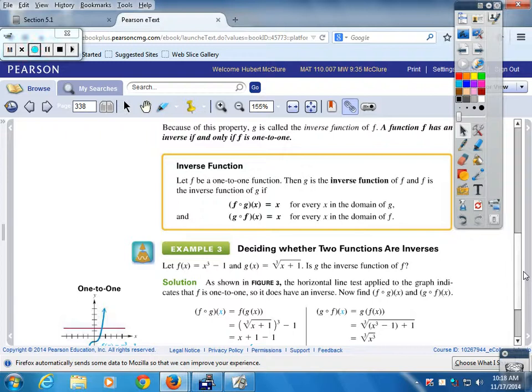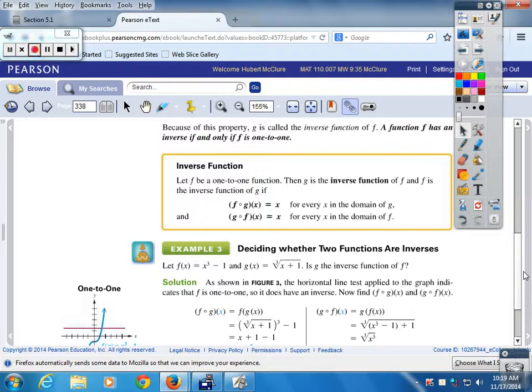If you want to check it algebraically, do f composed of g and g composed of f, and then if you get x for both, you've got a one-to-one function. And that's what that means right here. You need to write that down. To check algebraically if there's an inverse function and it's one-to-one, do f composed of g and g composed of f. And if you get the same thing, x, for the solution, then that means that you have an inverse function and it's a one-to-one function.